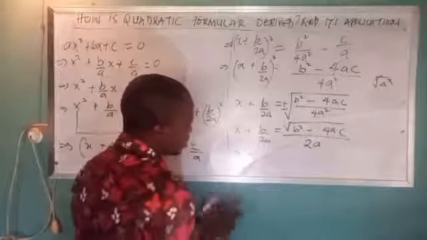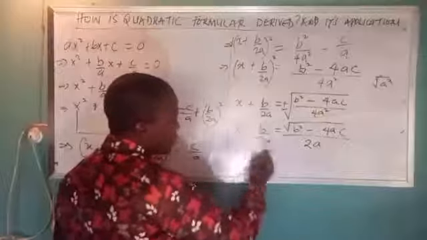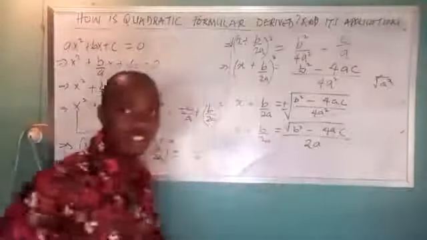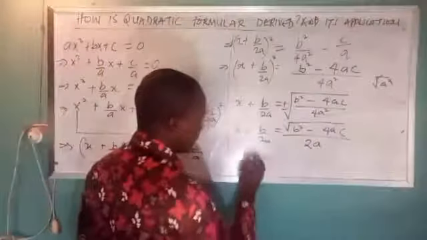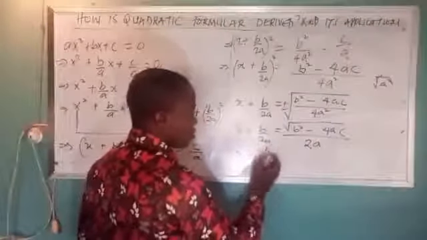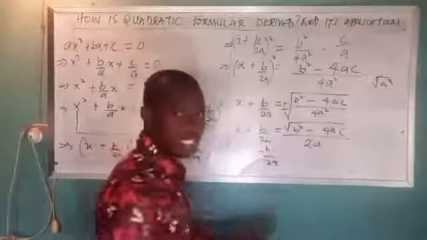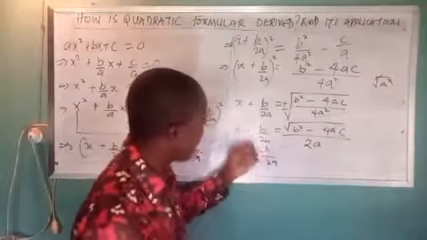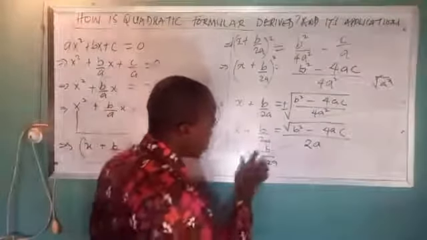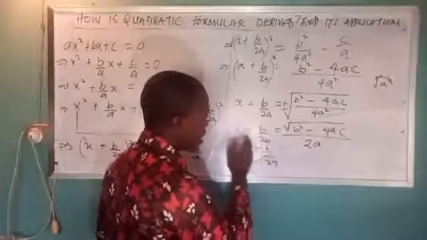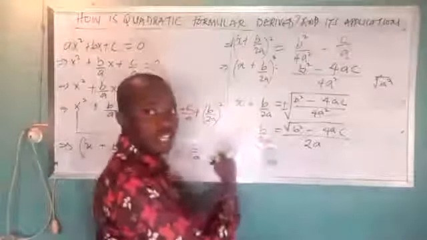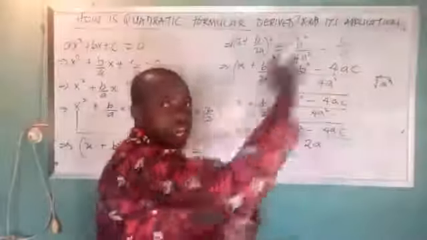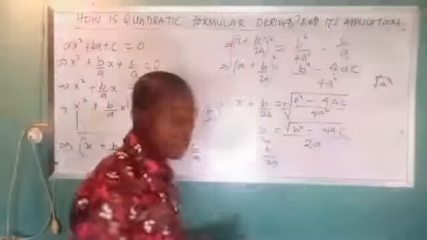Now, let us not waste most of our time again. From here, we are looking for a. We try to do away with this also, by sending this to the other side. Sending this to the other side, we have x equals minus b, because when you send it to the other side, the sign must be changed. We have plus on the left hand side, so taking it to the right hand side, the sign changes to negative.